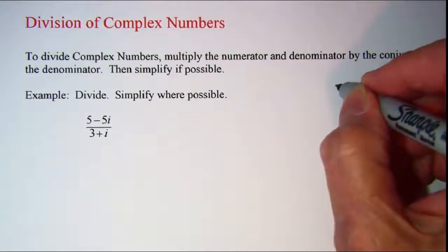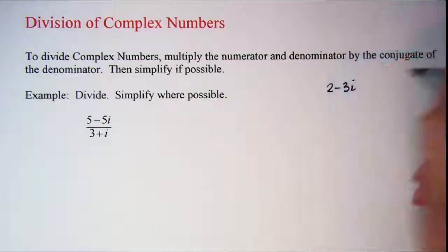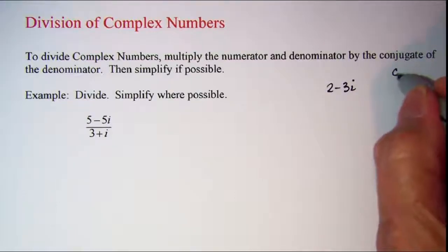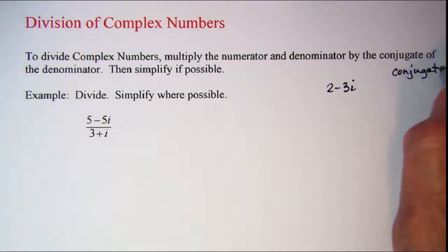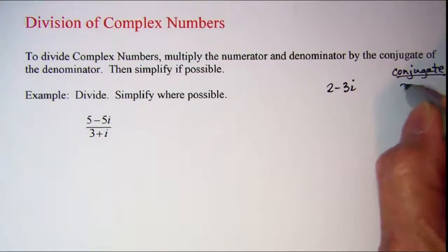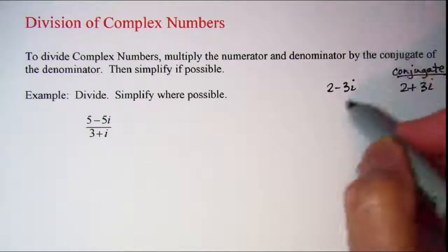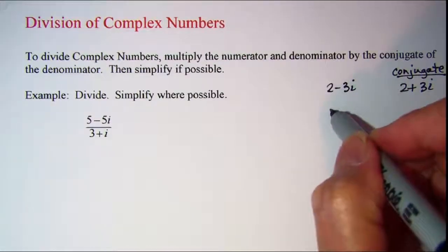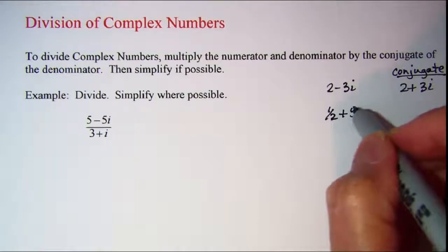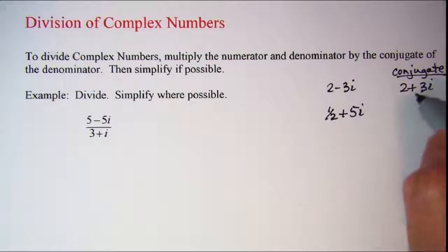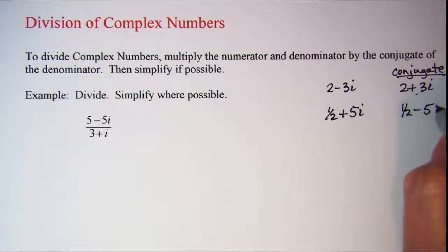If you have a binomial 2 minus 3i, then its conjugate will be 2 plus 3i. If you have a binomial 1/2 plus 5i, then its conjugate will be 1/2 minus 5i.